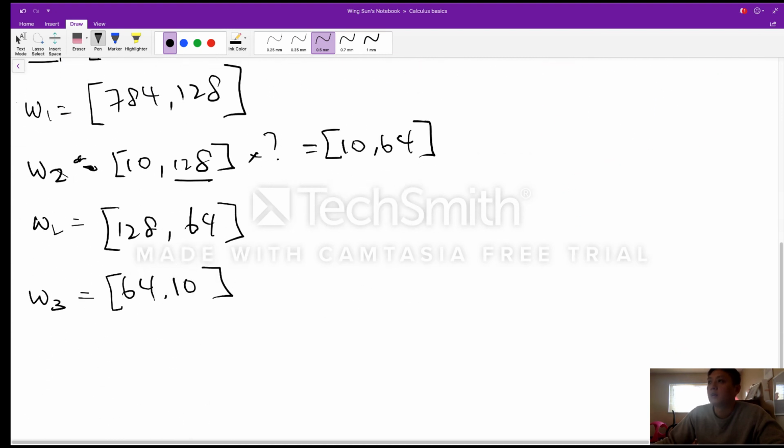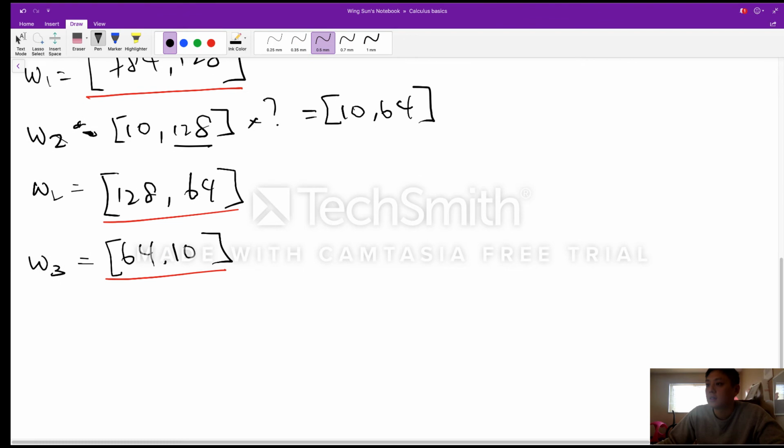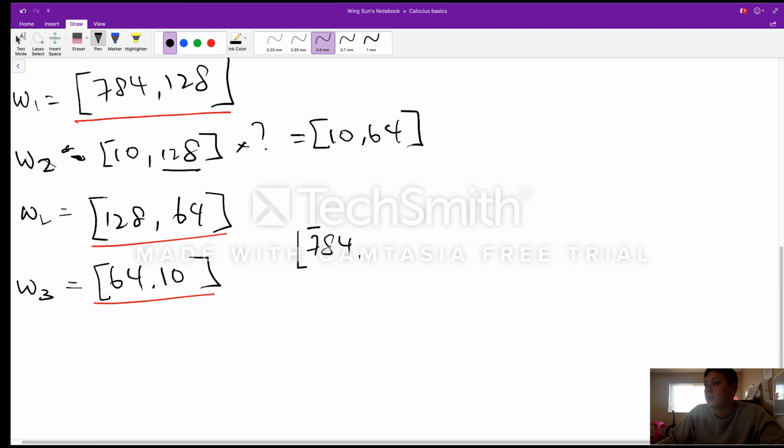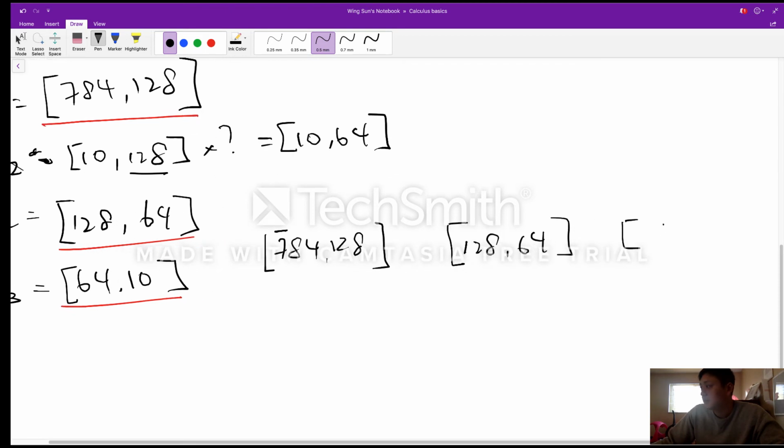Now if we quickly rewrite all of this so it's easier to see: 784 by 128, then 128 by 64, and then 64 by 10.